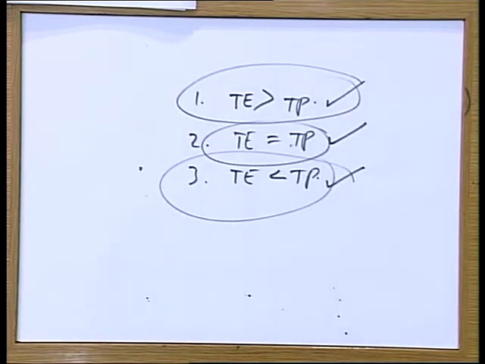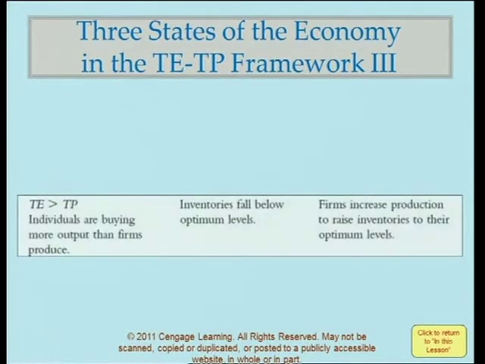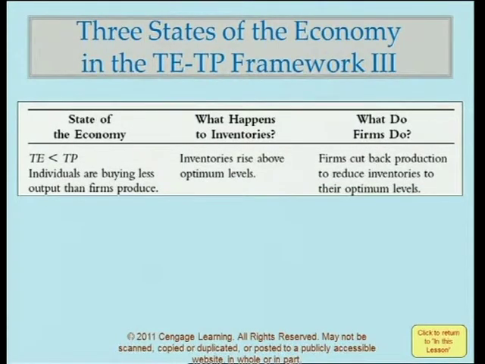So it's important that you know the three states of the economy in the TE-TP framework. What is important is especially this diagram. It indicates to you the three states of the economy, and then what happens to inventories and what firms will do. They will either increase production or they will cut production, okay, to raise inventories or to reduce inventories to get back to optimum levels.